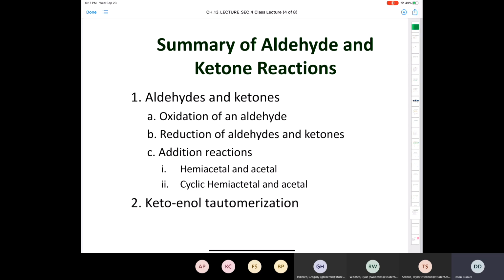Addition reactions, the formation of a hemiacetal and acetal, which we went over in quite a bit of detail. The cyclic hemiacetal and acetal, which I told you is an intramolecular reaction, whereas this one is an intermolecular reaction. And then finally, the keto-enol tautomerization that we looked at just a few minutes ago.